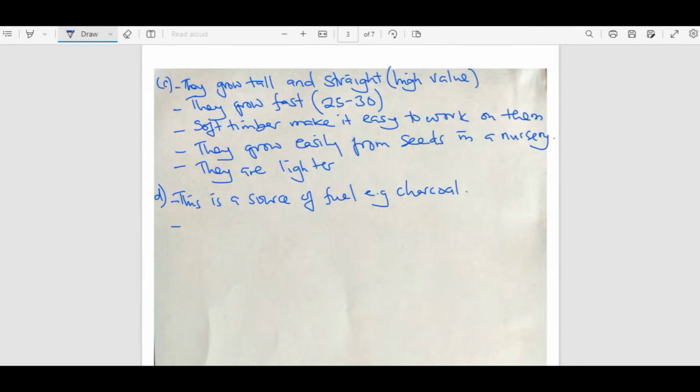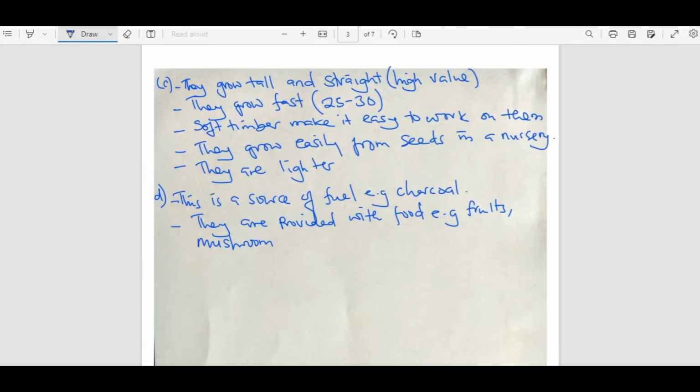So the second one, we are saying that they are provided with food. So we can give examples: fruits, and not only fruits, but also mushroom.